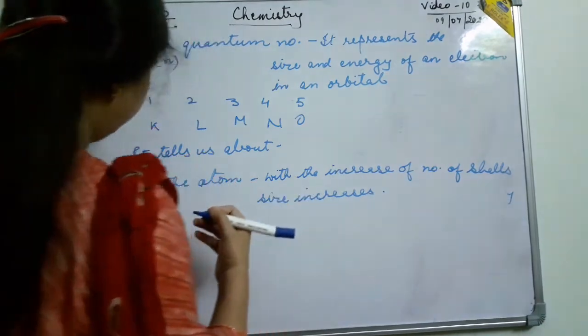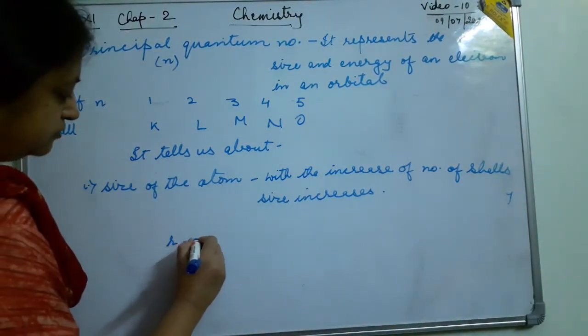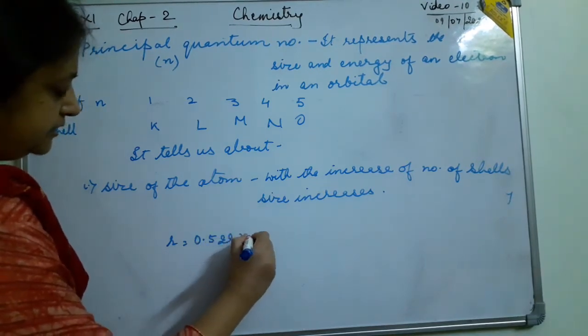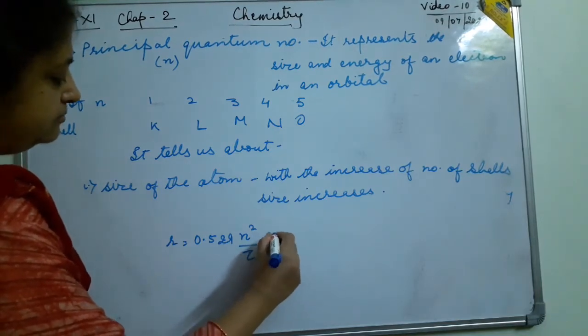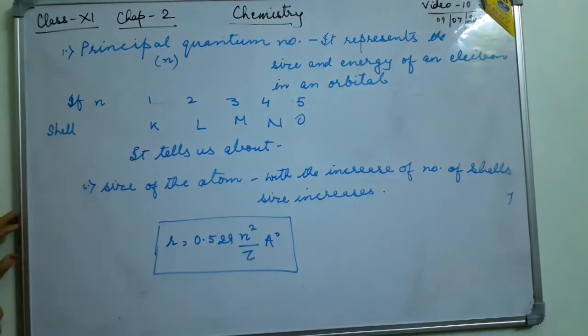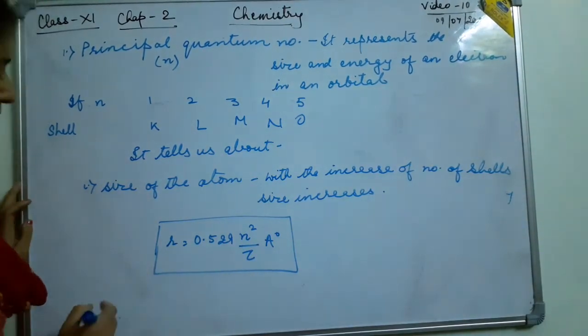Or we can calculate for the hydrogen atom, r equals 0.529 n square by Z angstrom. So we can calculate the size of the atom like this.